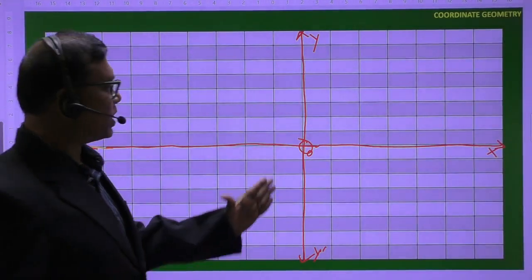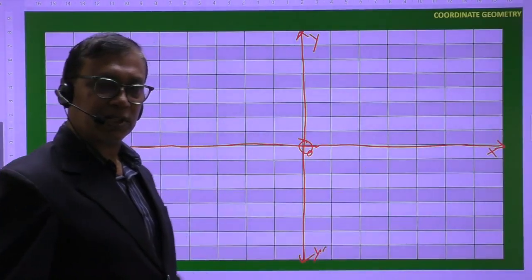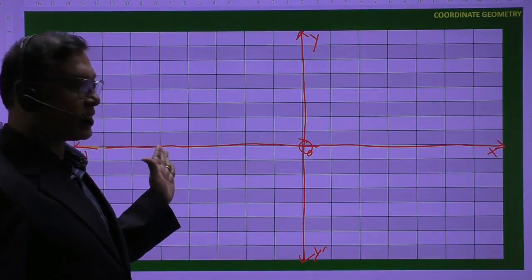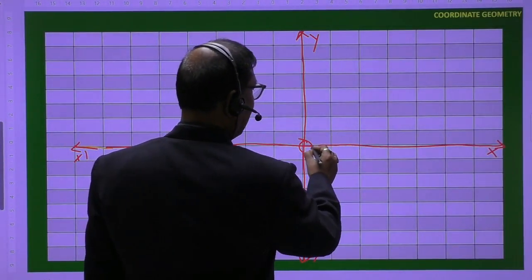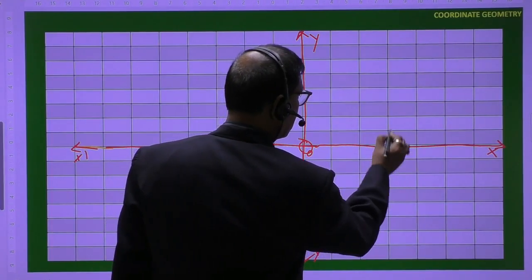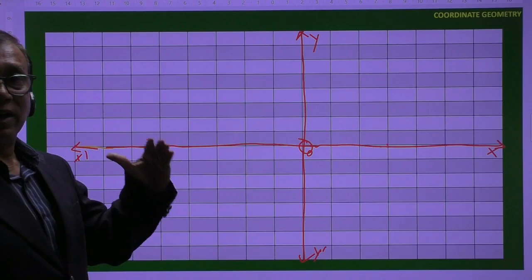If x is positive, then we will move on the right side with respect to origin. If x is negative, then we will move on the left side. Suppose x is 3, that means we will move 1, 2, 3. Then we will see the value of y.